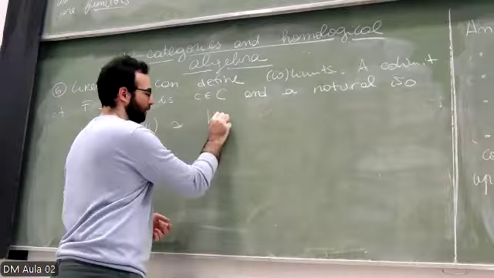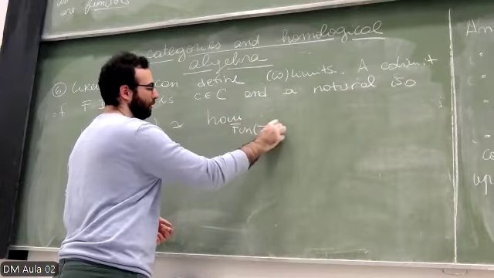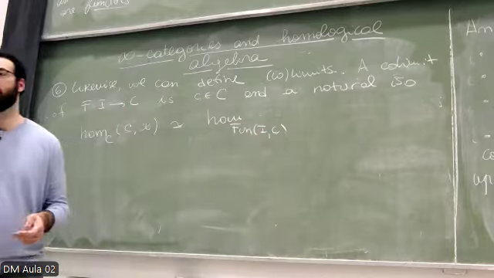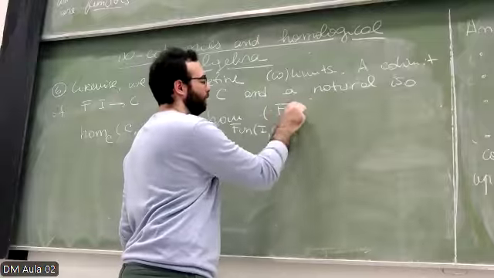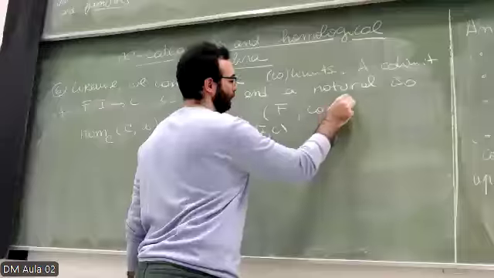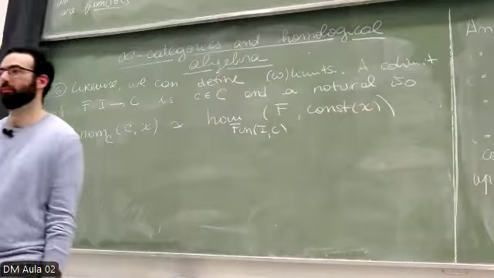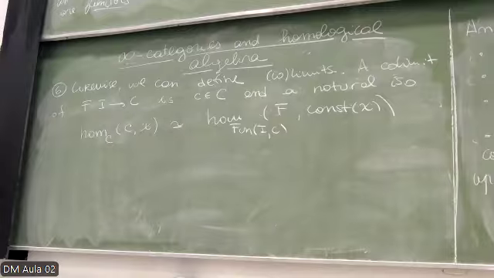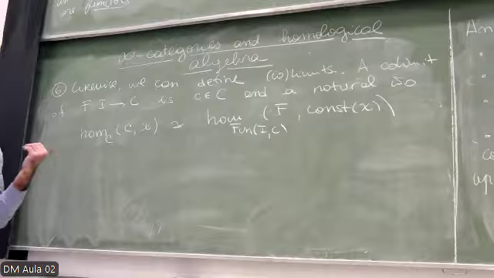and natural transformation, but in the functor category, between F and the constant diagram X. So if you replace X by blank, you get two functors with the same domain and codomain.